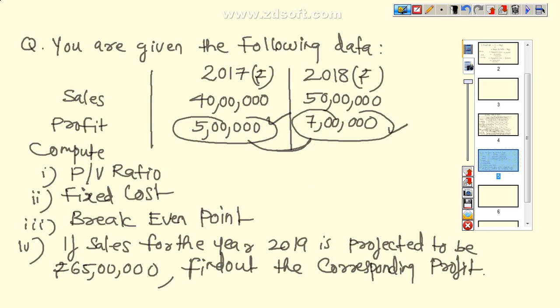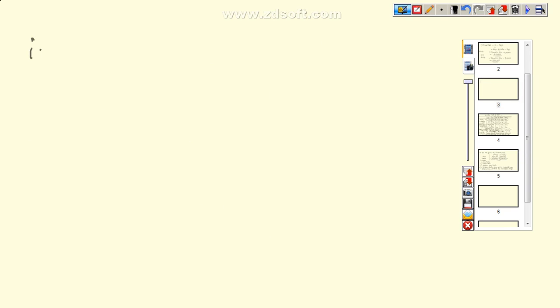After calculating this, we have to calculate break even point. So we apply that formula. If it is not mentioned, then it is automatically break even point sale. Break even point is equal to fixed cost upon PV ratio.